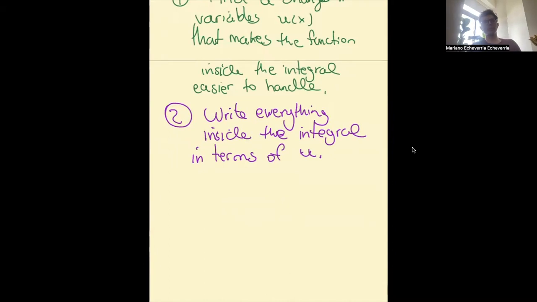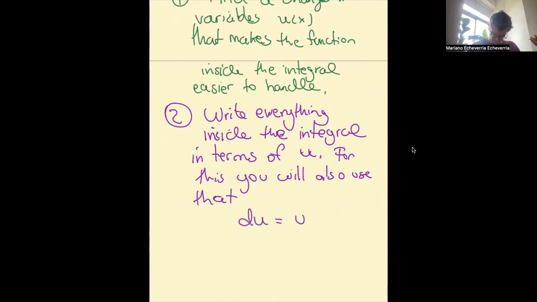For this, you need to use the following formula. You use that formula.